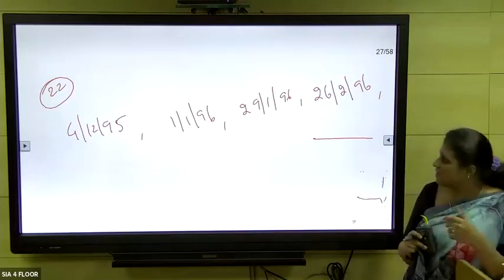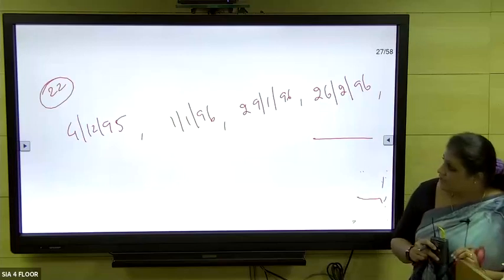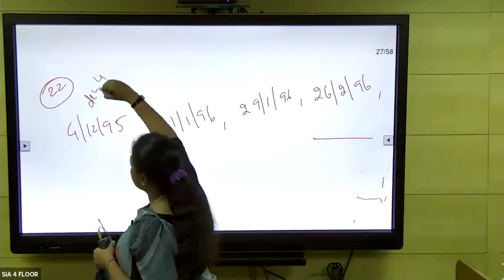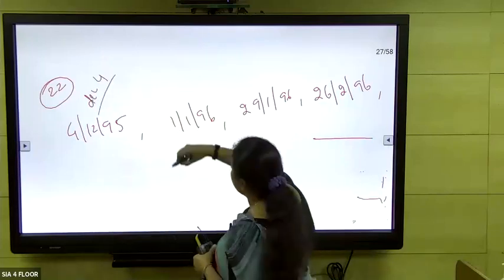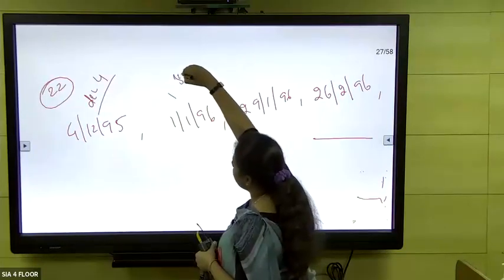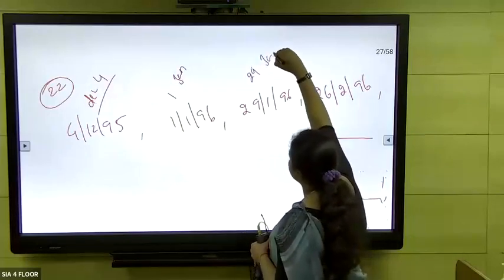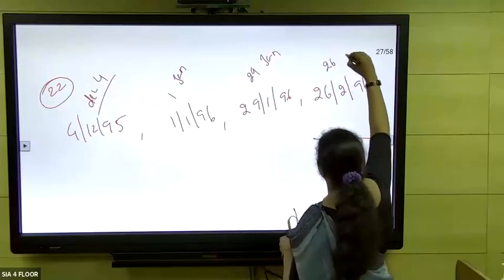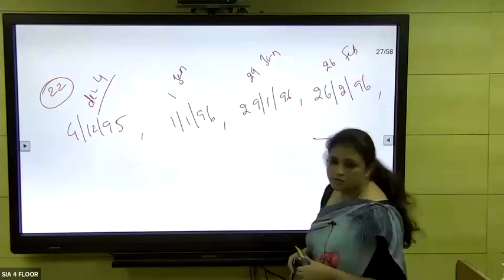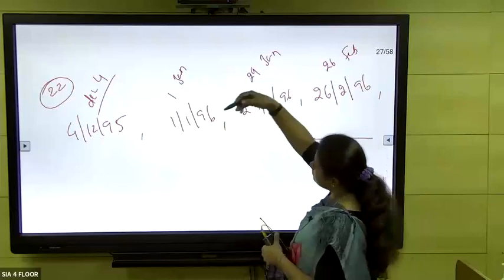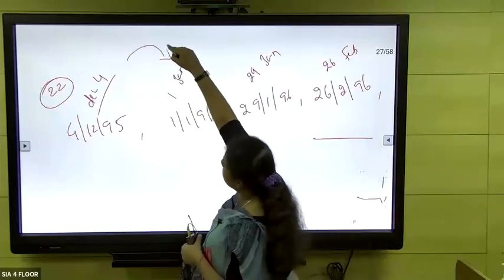See, this is December 4, and this is 1st January, and this is 29th January, and this is 26th February. So here comes the next year.